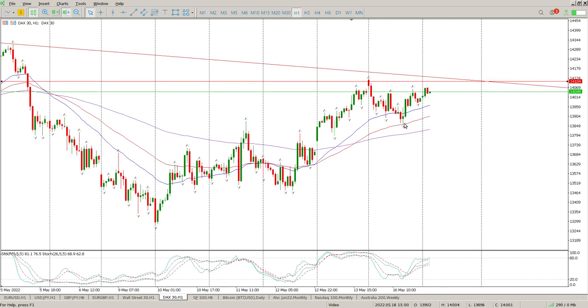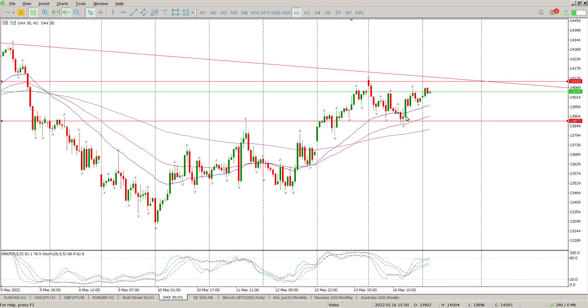This pullback here onto the moving averages with the oscillators grouped to the downside could very well have been a retest of structure. And if we just put a level in, you can see there was our previous pin bar swing high, and we got above it, a bit messy there, and then we got sort of back. I mean, I can put that there. You can see two tails to the bottom, basically off that level.